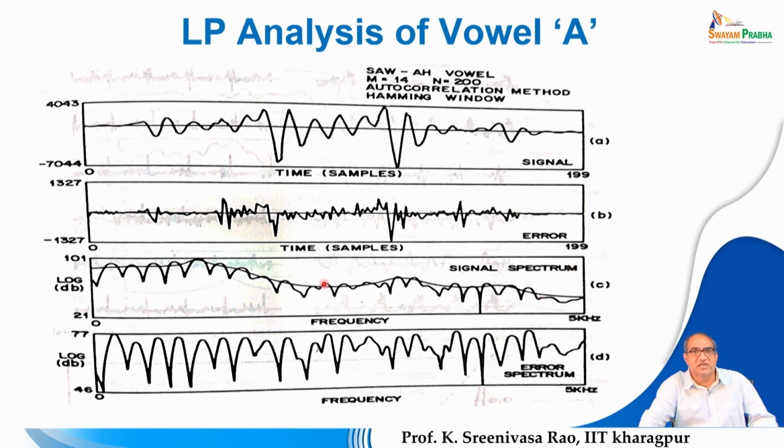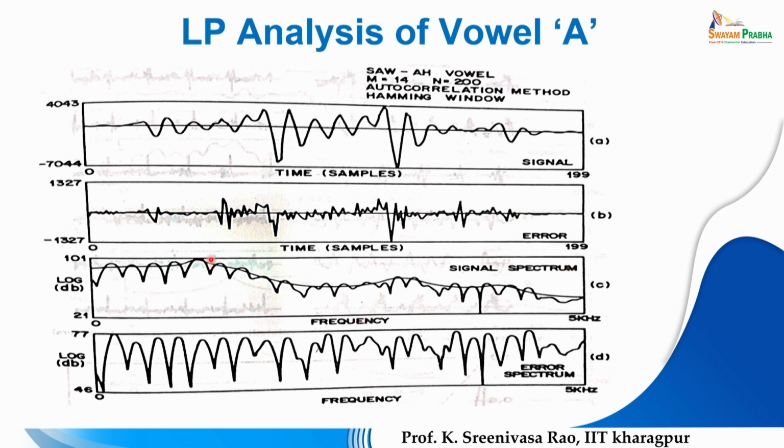The overall shape or envelope of the signal spectrum almost matches the LP spectrum, and the only difference is that the ripples are superimposed on it, because these ripples are basically due to the characteristic of the excitation, right.